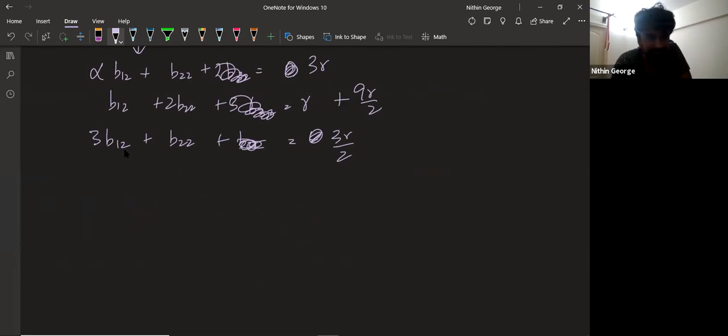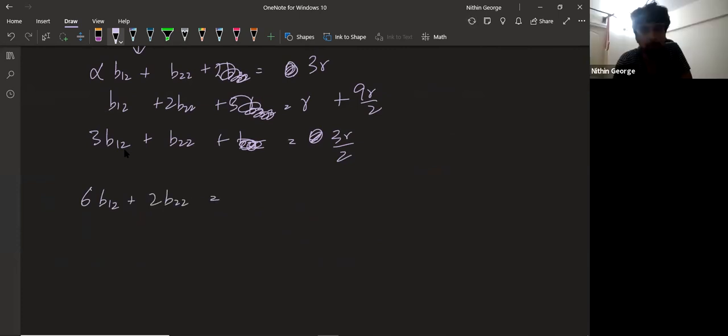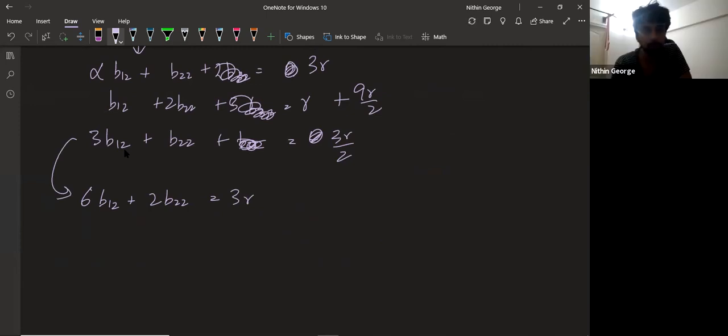So B12 plus 2B22 equals 3R. This is the double of this, and then this one, I'll subtract this from this. And then I get 5B12, 2B22 cancels out, 3R plus 9R by 2.